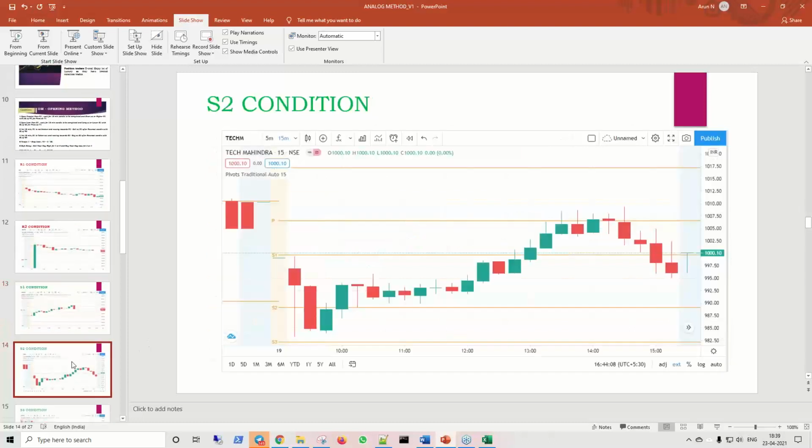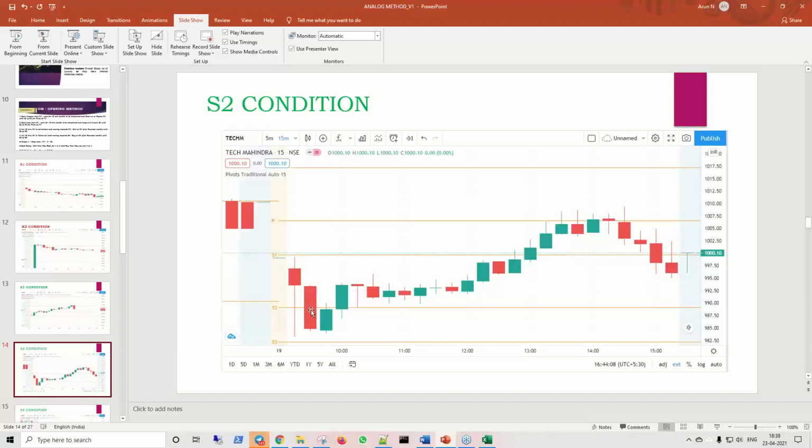Here the opening is between S1 and S2, but in the first 15 minutes it was a red candle, right? Now, where are you going to take your long? S2. If the first 15 minutes is red, go for S2. Likewise, if the first 15 minutes is green, for the R1 condition, go take a shot at R2.